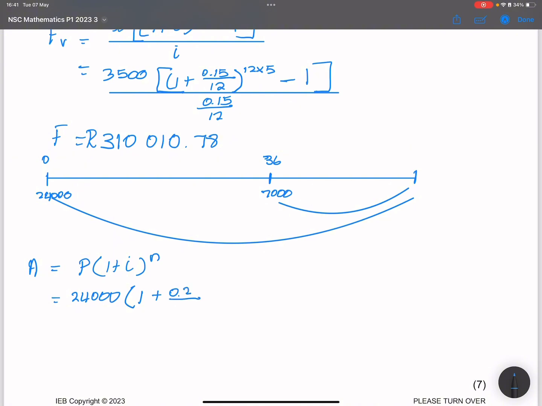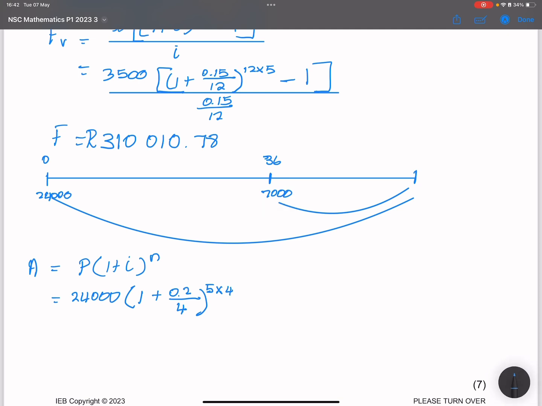Now remember, it is compounded quarterly, so that means it would be divided by 4. How many quarters in a year? So remember, this is going to be 5 years, but 5 years has got how many quarters? So that would be 5 times 4.